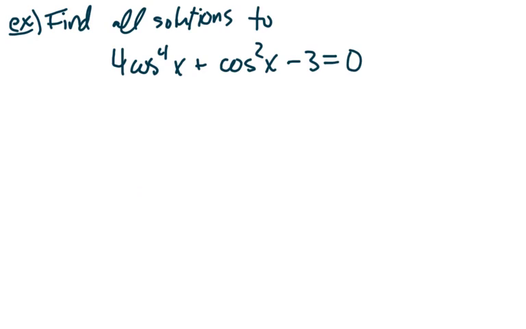This time, we've got 4 cosine to the 4th power of x, plus cosine squared of x minus 3 equals 0. And what we're going to do is this substitution thing one more time. What do I have to square to get cosine to the 4th? U squared, right, is going to be based on this first term.